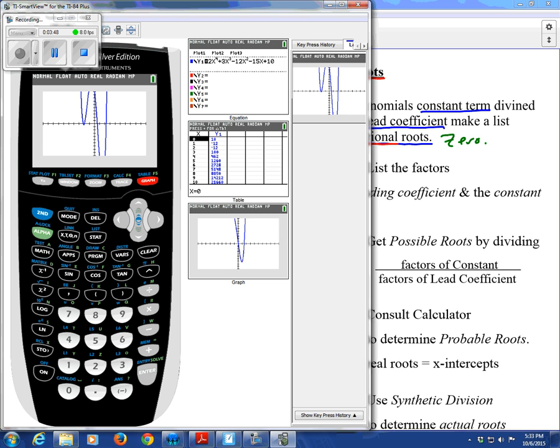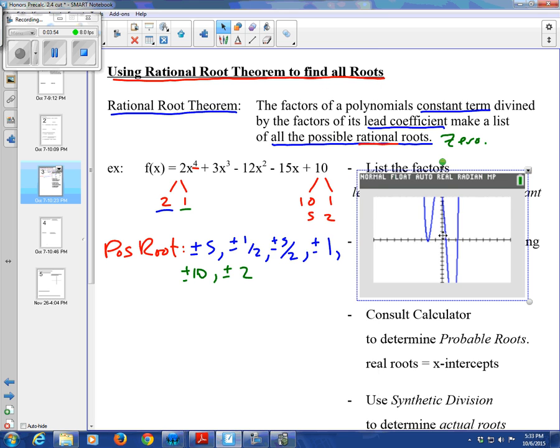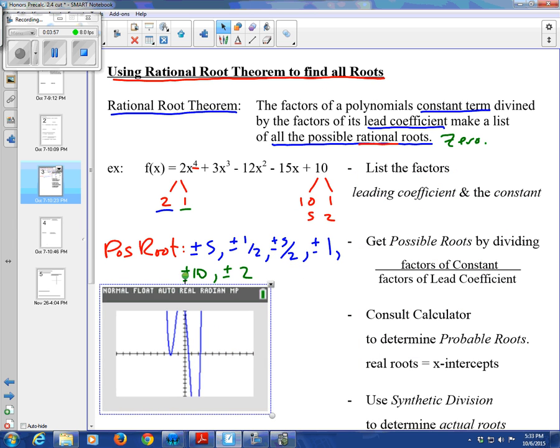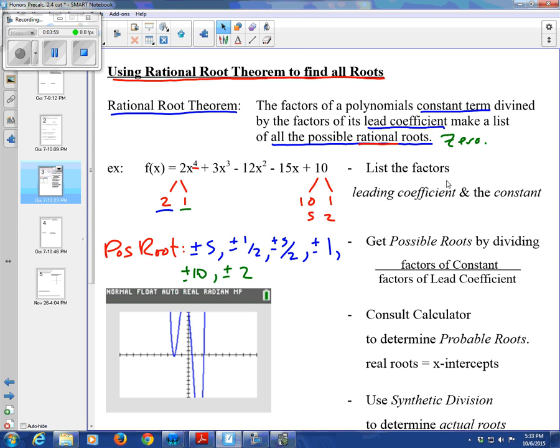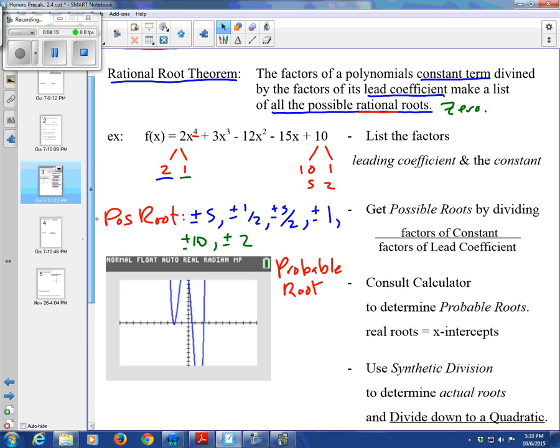Now what we want to do is to take this graph and compare it to the rational roots that we're seeing here, to see which of these rational roots look like they could be probable roots. So we're going from possible roots to probable roots. We're going to say it's a probable root if it's in this list and it looks like it might be an x-intercept.